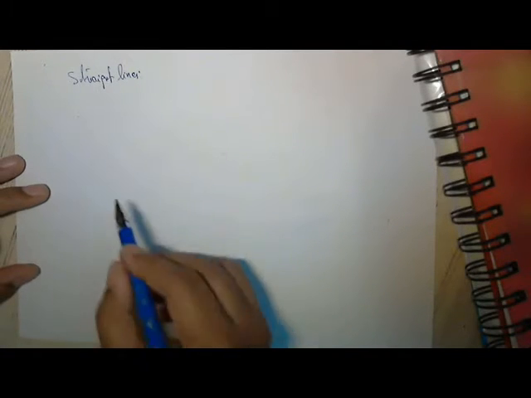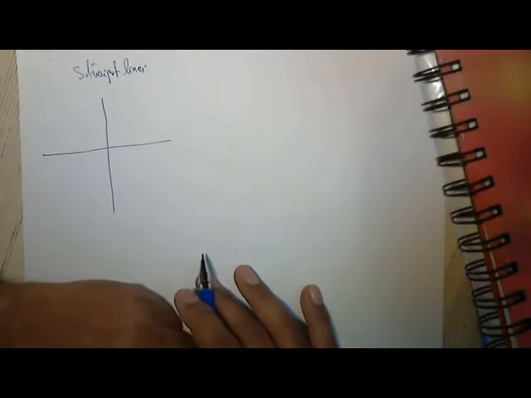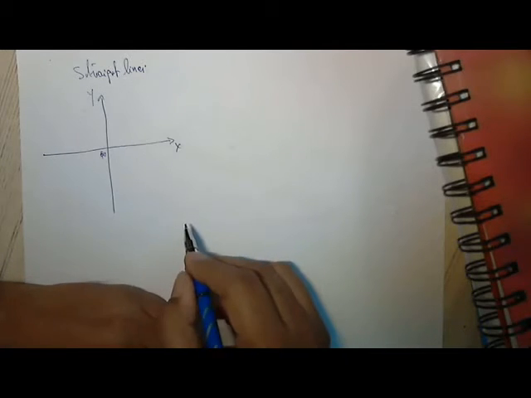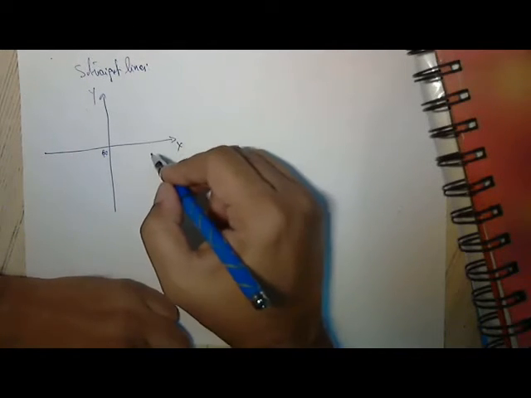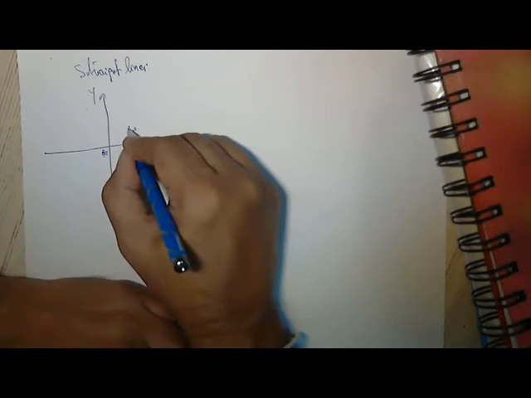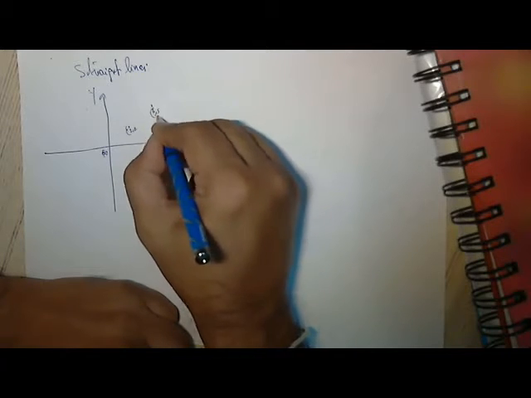Let us see this. Suppose this is our coordinates. This is 0, 0, we know. This is the x-axis and this is the y-axis. Now, any point can be represented in this plane. Say it is 2, 2, or it can be 3, 5, whatever.